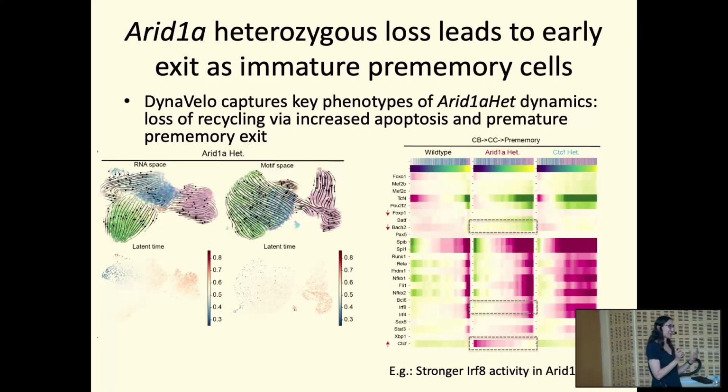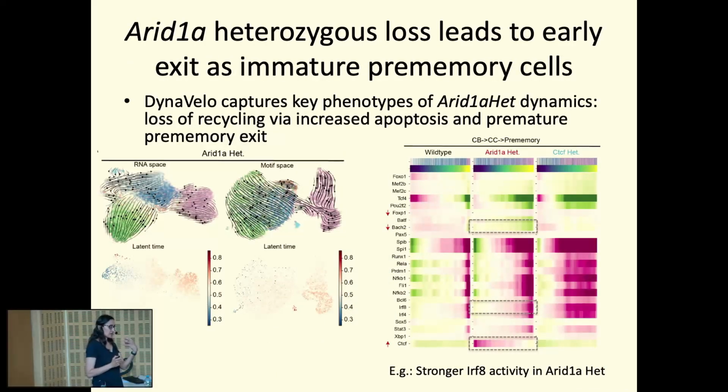Very quickly, okay, we also have mutants. These are all mouse, okay, mouse germinal center B cells from Ari Melnick's lab. We have mutant cells. ARID1A heterozygous loss is an event that you see in B-cell lymphomas, okay?